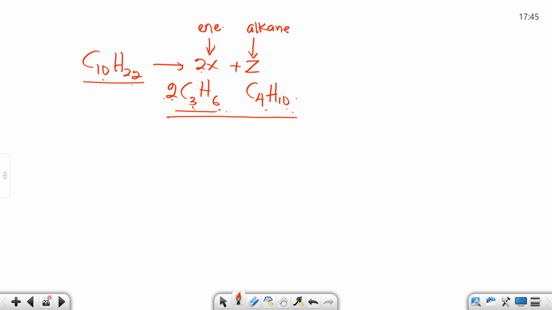So I gave you the 2 possibilities of cracking. Alkane and alkene, or alkene, alkene, and what? Once you see double alkenes, hydrogen is involved. Let's prove it.